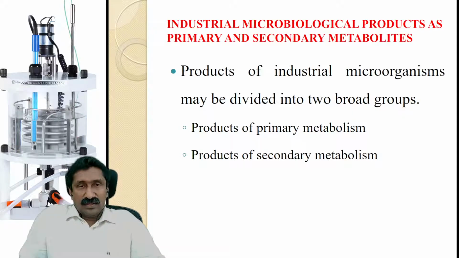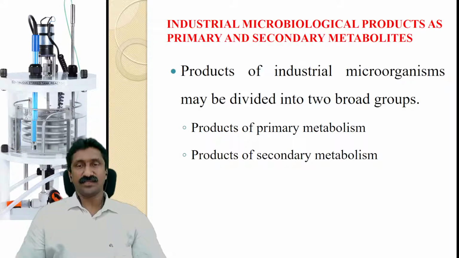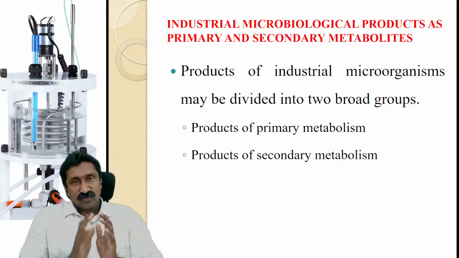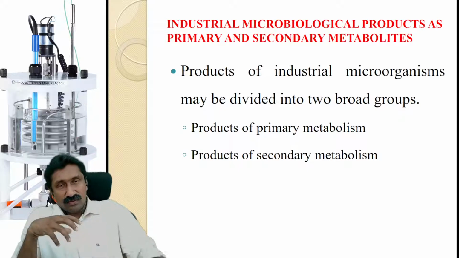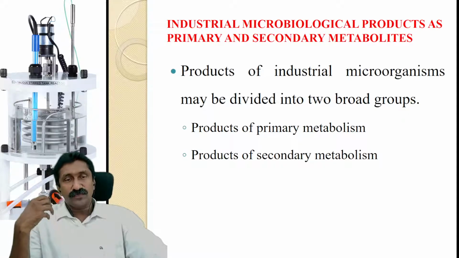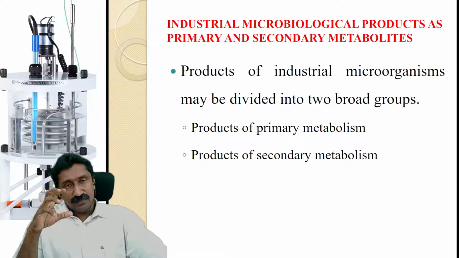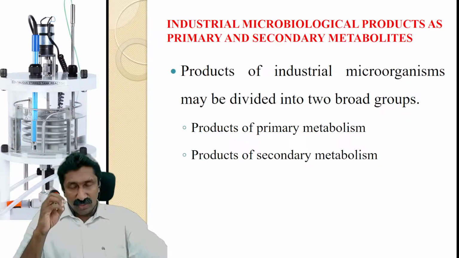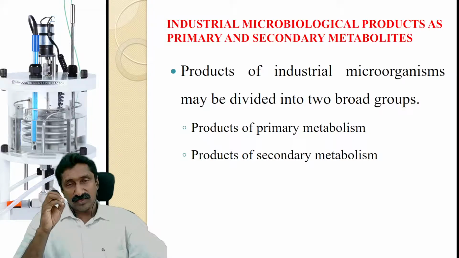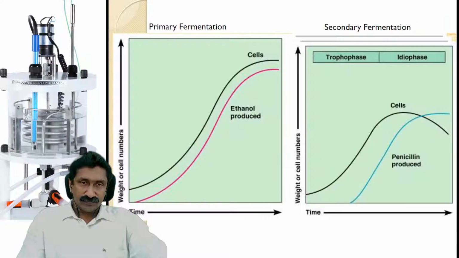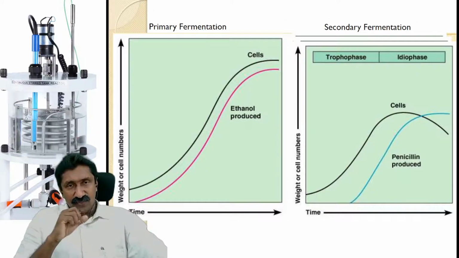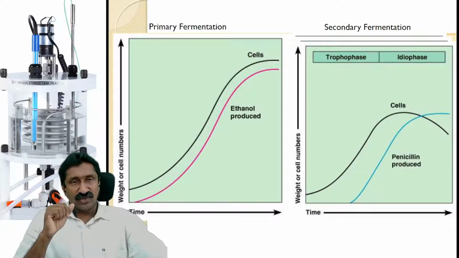Now, when we come to the different products of industrial microorganisms, they are broadly divided into two groups: primary metabolic products, or products of primary metabolism, and products of secondary metabolism. This graph shows the primary fermentation and secondary fermentation.